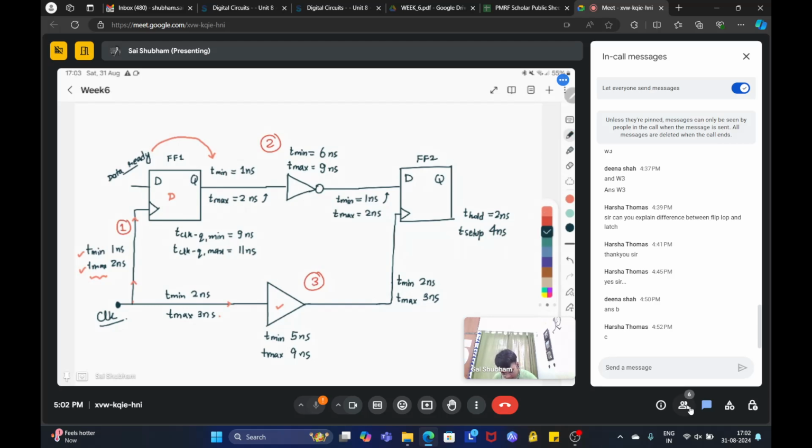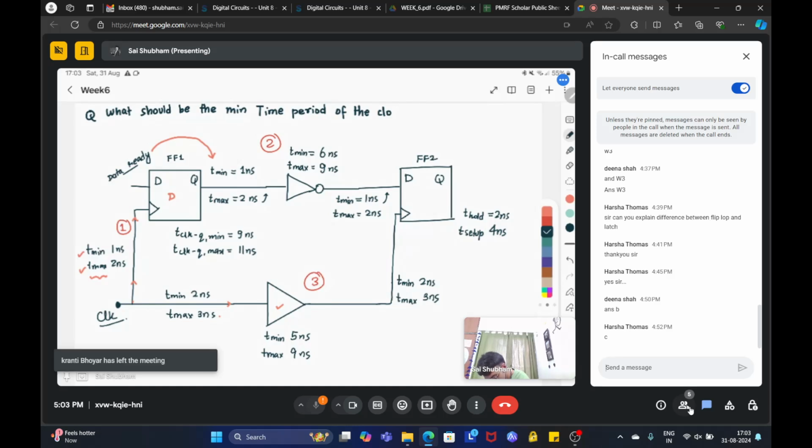So the question is: what should be the minimum time period of the clock so that there is no hazard?